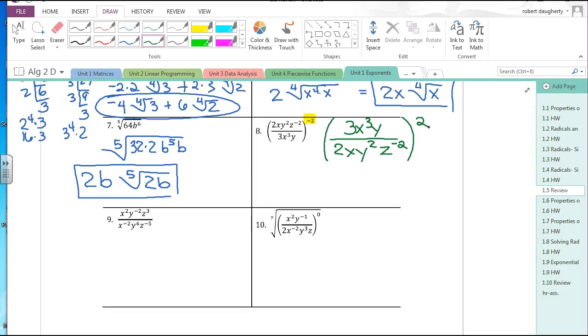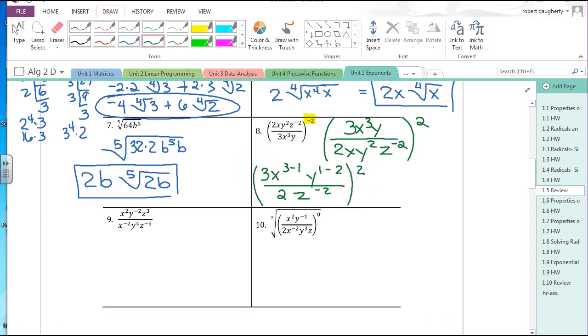Now I need to simplify everything. I've got choices. I can square everything and then simplify, or I can simplify first. I'm going to try to simplify what's in the parentheses first. So this is going to be 3x to the 3 minus 1, y to the 1 minus 2 over 2z to the negative 2, squared.